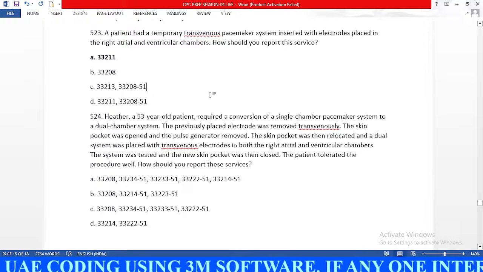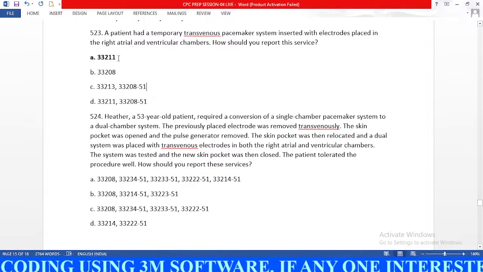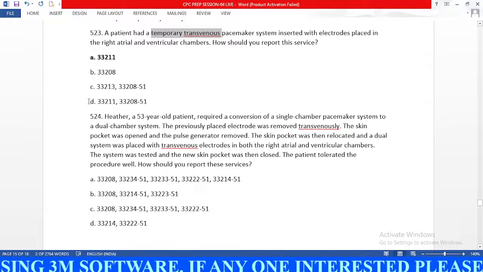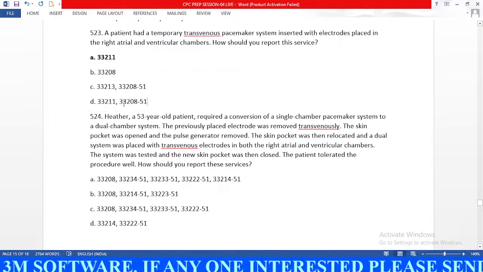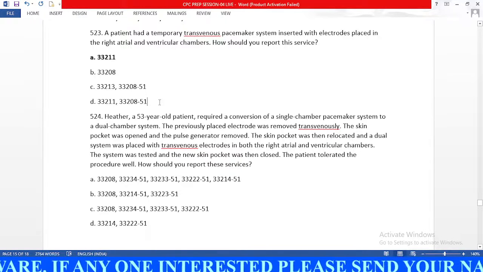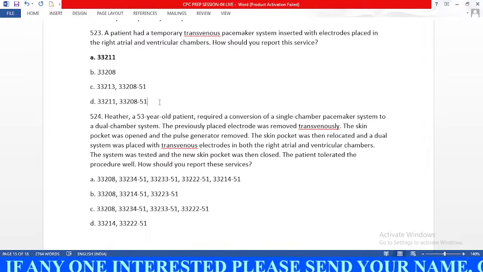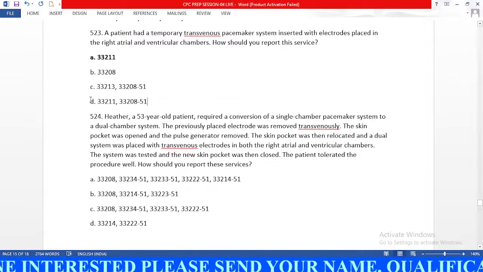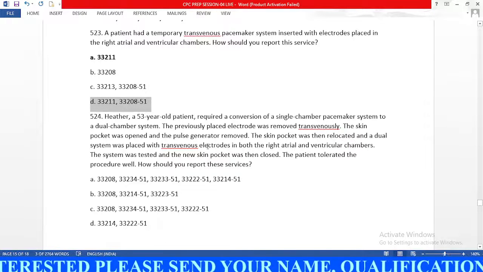So here our answer is 33211, as we have temporary pacemaker insertion, not permanent. If it is permanent, we can code 33208. Also, a physician can't insert a permanent as well as a temporary pacemaker at the same time, so we can't code these two codes at the same time.